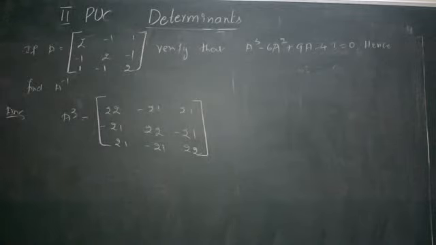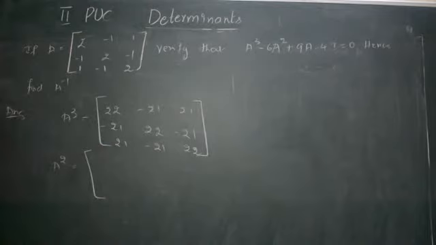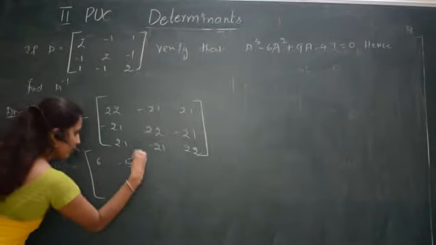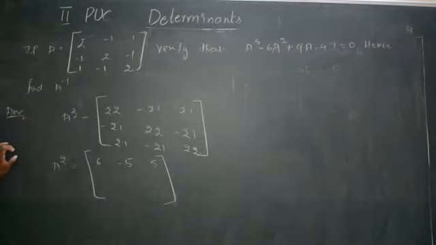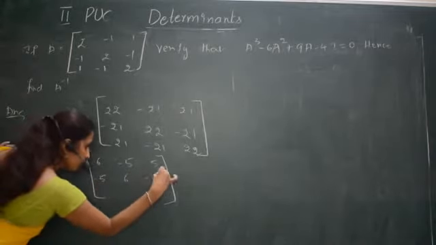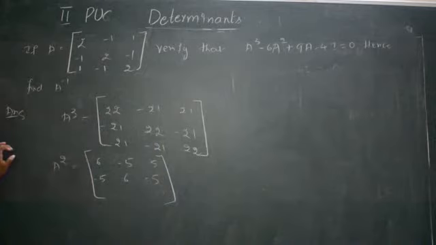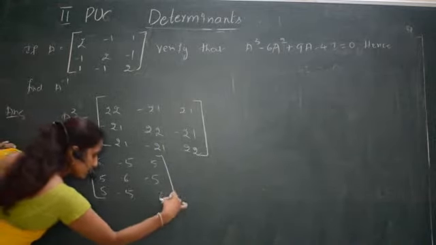Then A square you have to get. A square is 6 minus 5, 5; 6 minus 5, 5; then minus 5, 6 minus 5; 5 minus 5, 6.